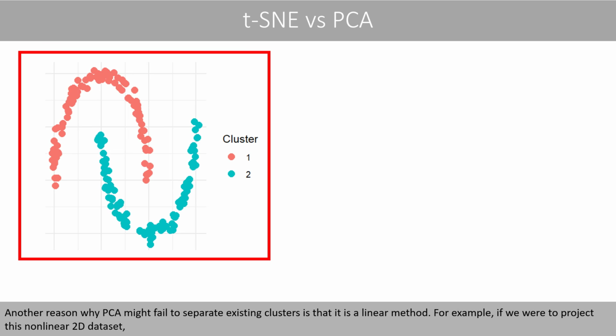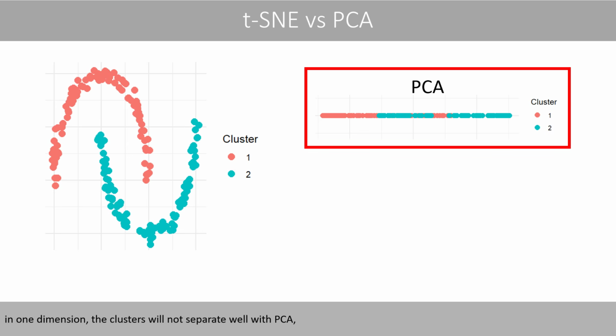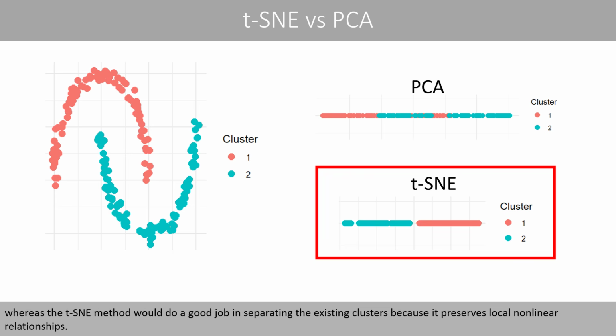Another reason why PCA might fail to separate the existing clusters is that it is a linear method. For example, if we were to project this nonlinear two-dimensional dataset in one dimension, the clusters will not separate well with PCA, whereas the t-SNE method would do a good job in separating the existing clusters, because it preserves local nonlinear relationships.